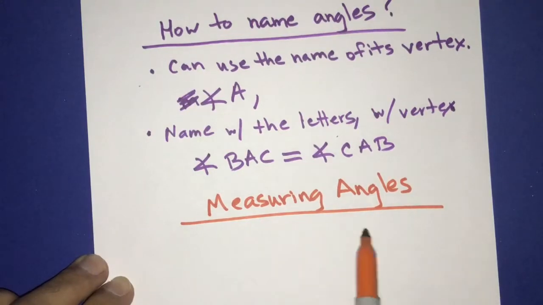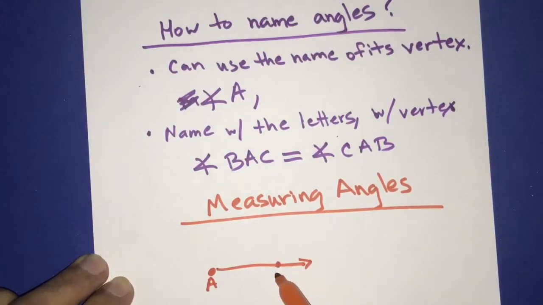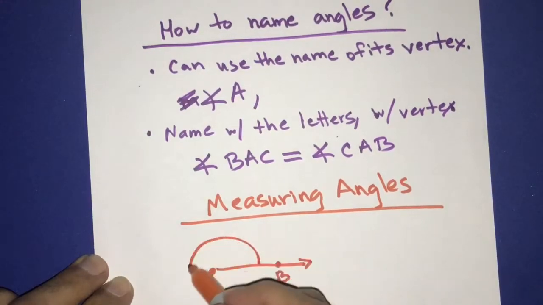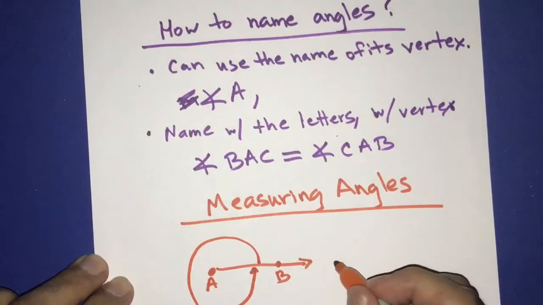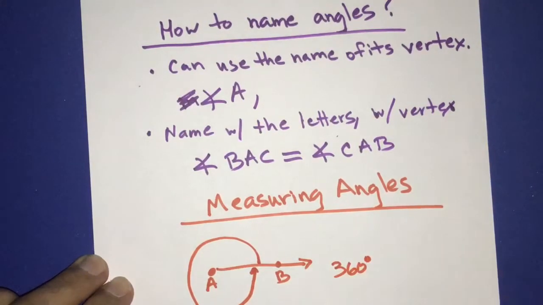As we said, one rotation is assigned 360 degrees. So say we have a ray AB, and if we go counterclockwise, we said this corresponds to 360 degrees.